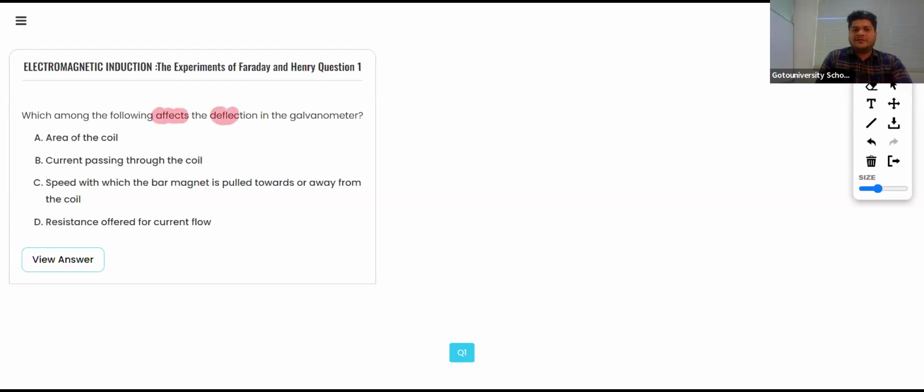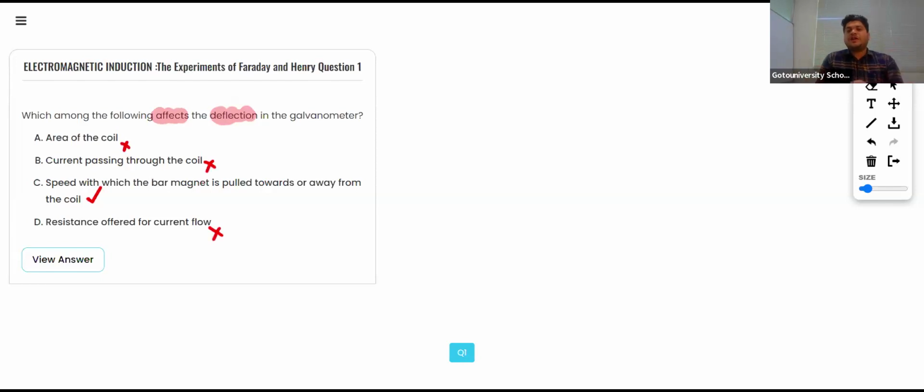What will be the right one? The right one will be option C. Area is not possible, current also not possible, resistance also not possible.